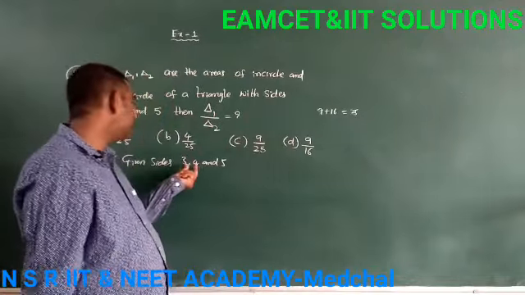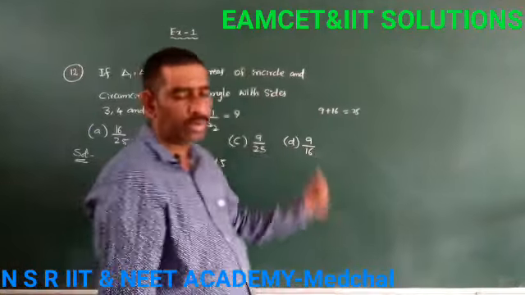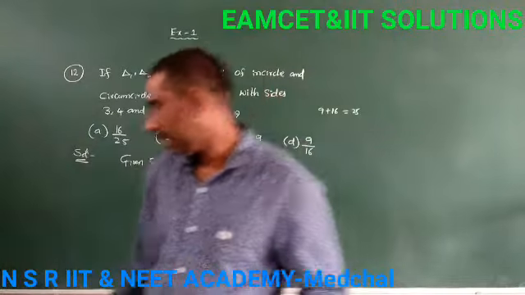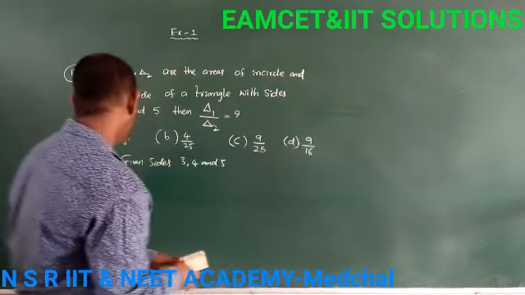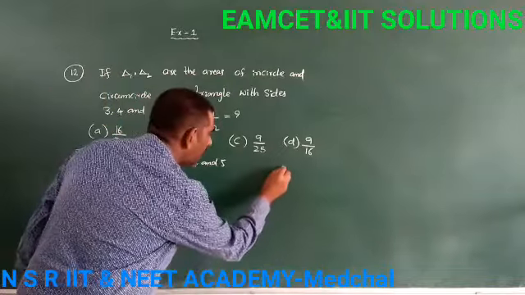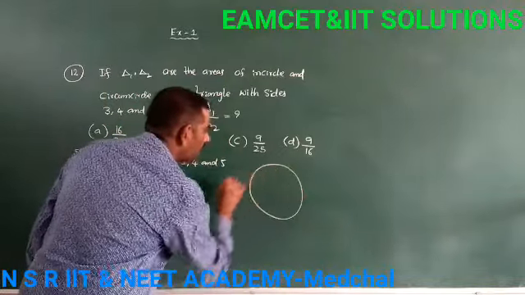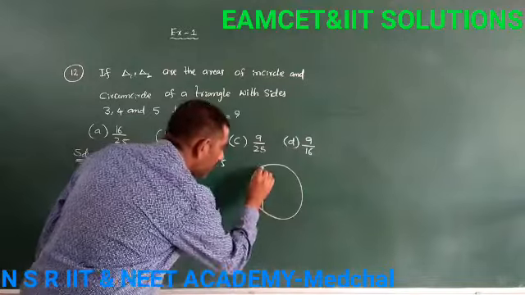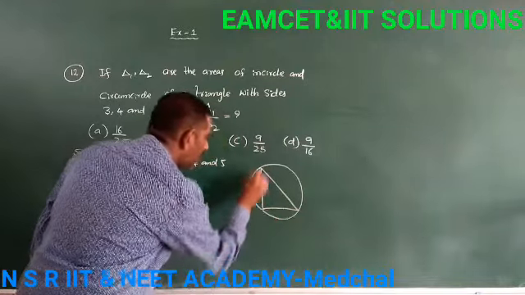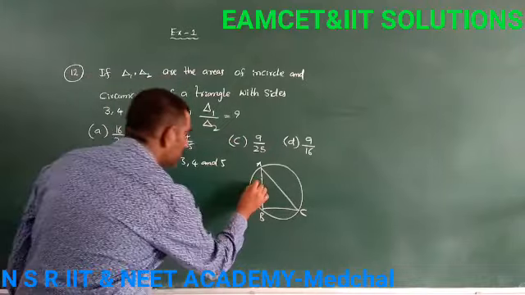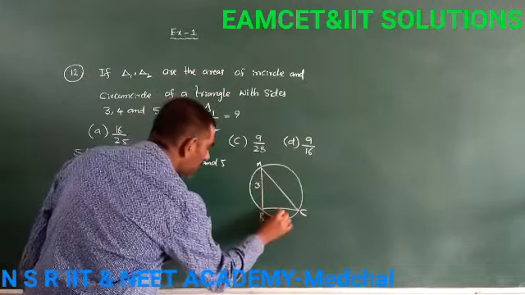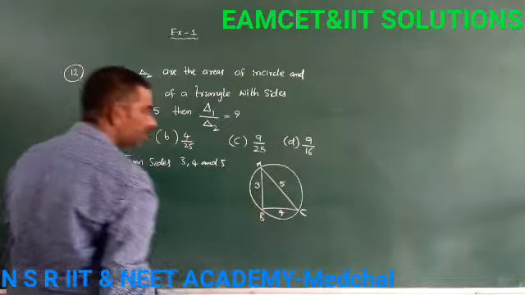So opposite side square plus adjacent side square is equal to hypotenuse square by the Pythagoras theorem. So these are the sides of the right angle triangle. Draw a diagram. So this is a right angle triangle ABC. This is the opposite side, adjacent side, and hypotenuse is 5.